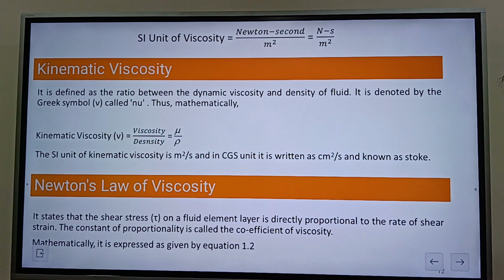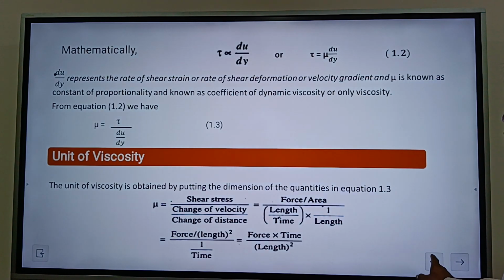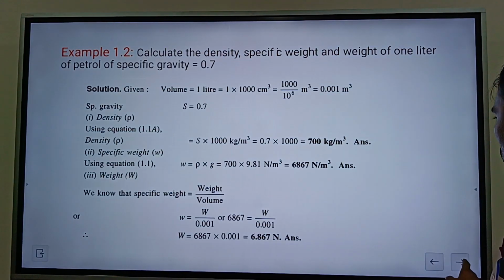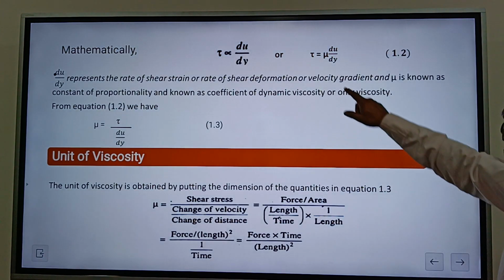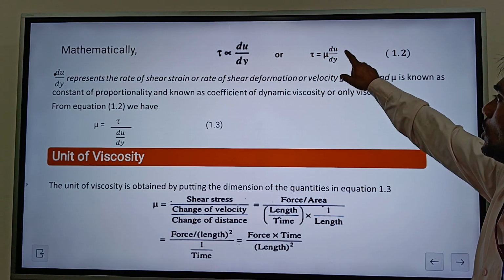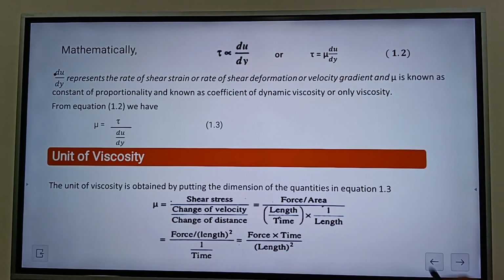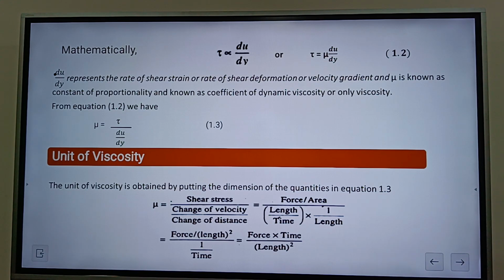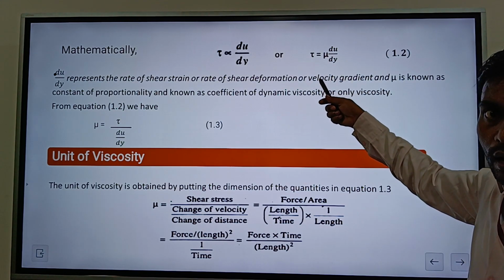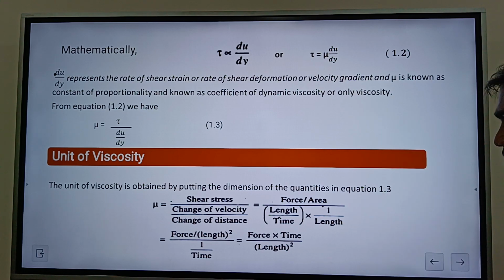Okay, so mathematically it can be represented by equation number 1.2, that is tau is equal to mu du by dy. Means equation 1.2 is also known as Newton's law of viscosity, in which shear stress is equal to mu du by dy.